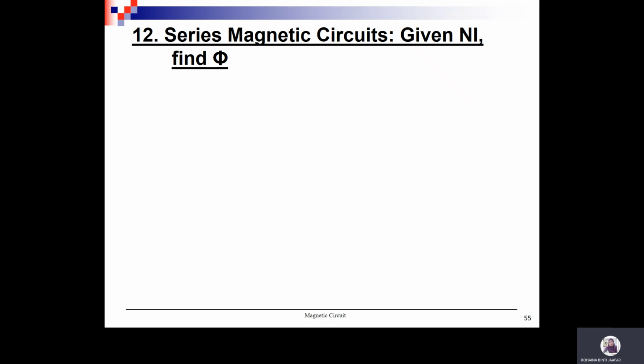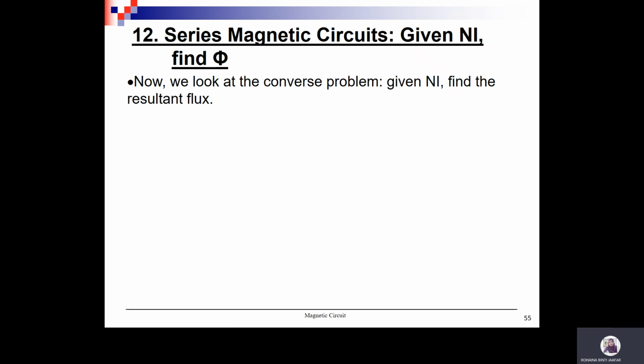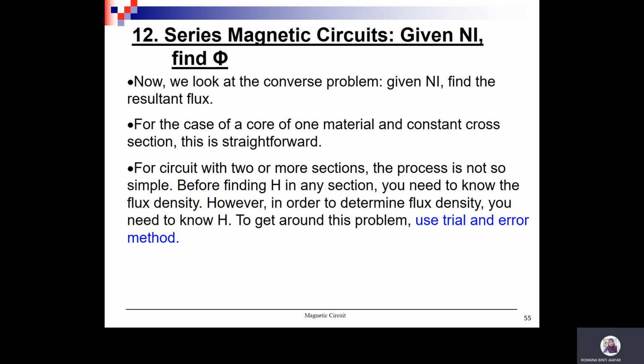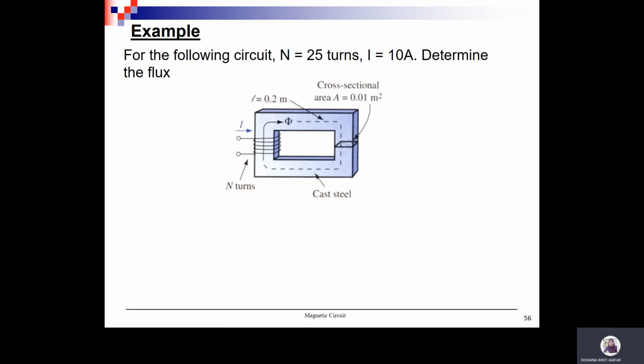Okay, and then series magnetic circuit, given Ni, find phi. Before this you had to find Ni given phi, but this one is given Ni, you have to find phi. This one you need trial and error, you have to use the trial and error method.